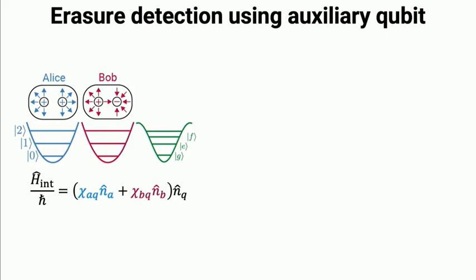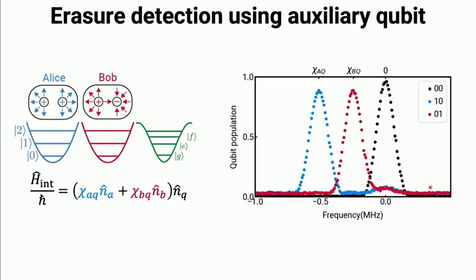Okay, so let's see how we can use the dispersive interaction to perform erasure detection. Here, what I'm doing is preparing three states in Alice and Bob, 0,0, 0,1, and 1,0, and I'm doing a spectroscopy of the transmon. Basically, what this dispersive interaction does is that it shifts the frequency of the transmon depending on the number of excitations in the oscillators, and this shift is proportional to these chi's here.